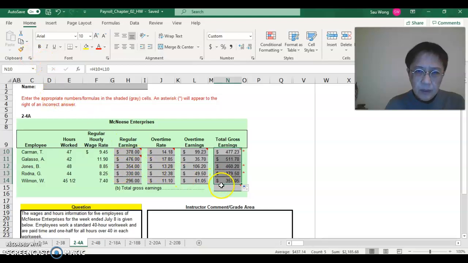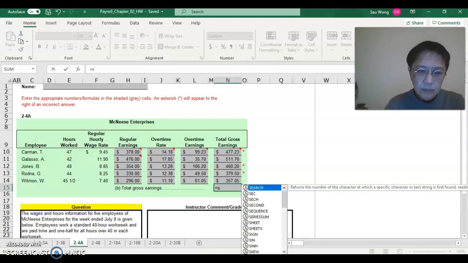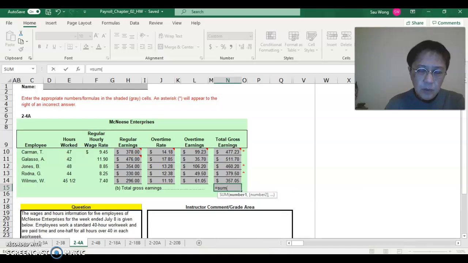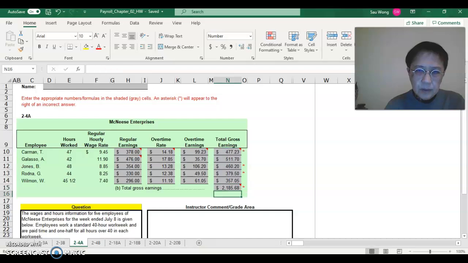Okay, and total gross earning, you need to add this total gross earning together from N10 through N14. So equal sum, open bracket, N10 to N14. Hit enter. So we finished 2-4A.